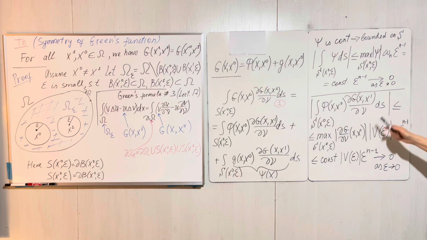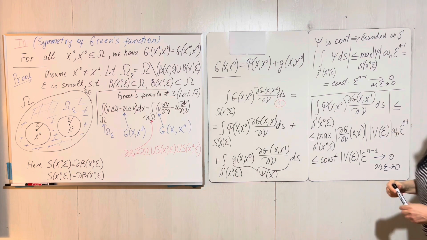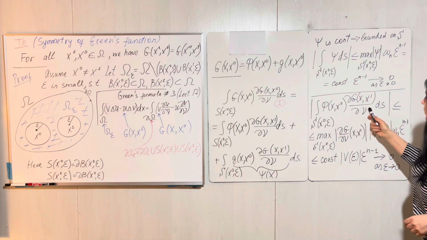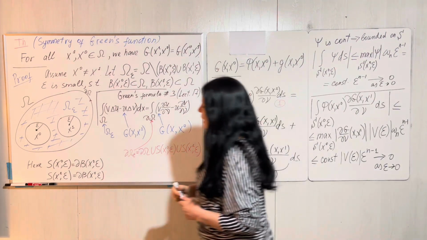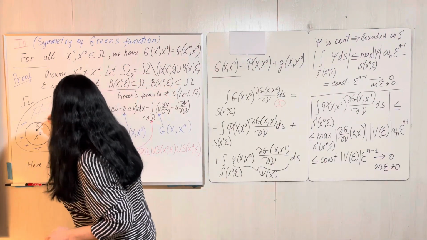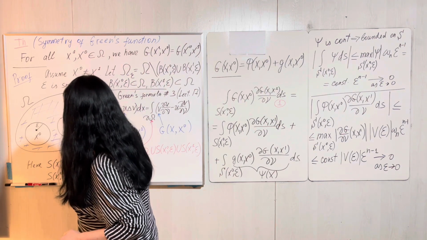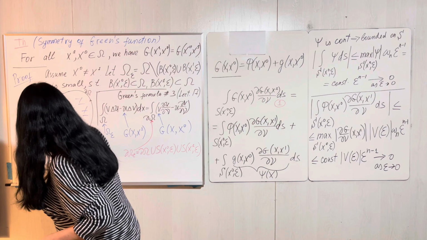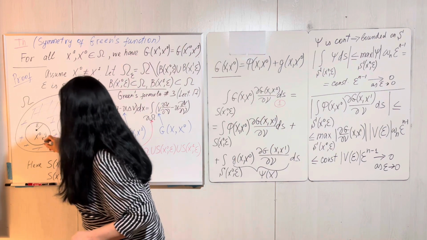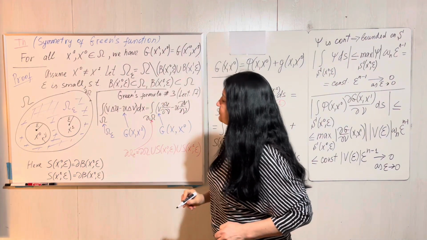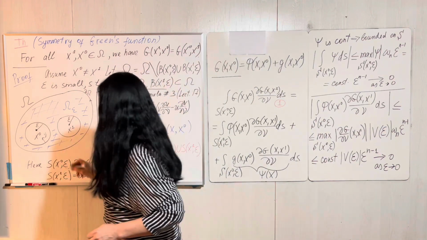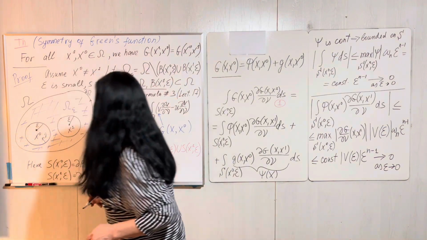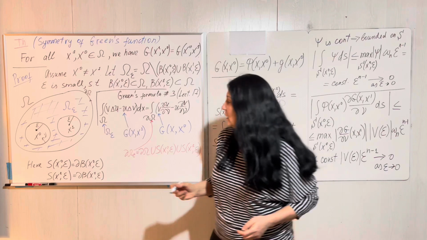But maybe here it would be good to remember what nu is. Nu is our outward normal for omega epsilon, so it points towards the center of our ball.